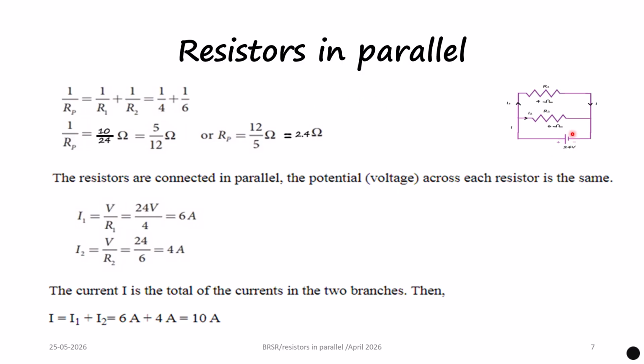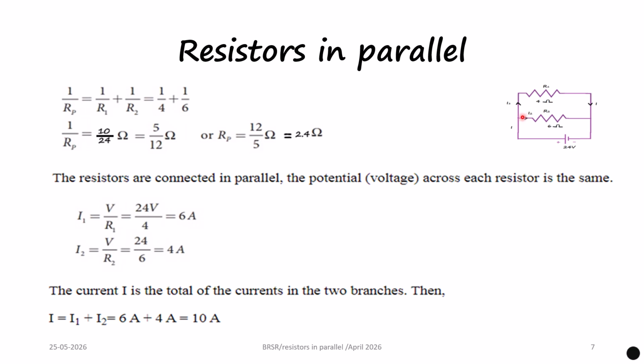When the resistors are connected in parallel, the voltage across all the resistors will be the same. Now the voltage is 24 volts. The voltage drop across the resistor R1 will be 24 volts and the voltage drop across the resistor R2 will also be 24 volts. The current through the individual resistors will be the voltage divided by the resistance as per Ohm's law.